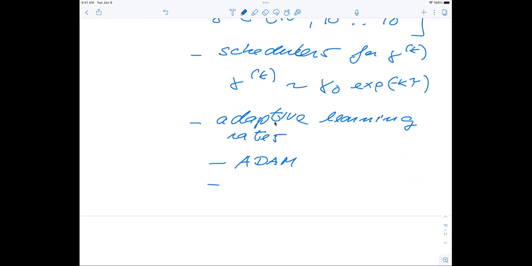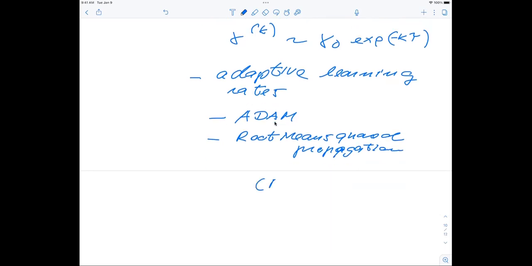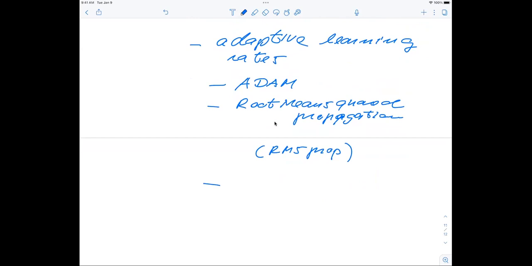Pretty good. There's something which is called root mean square propagation, or RMS prop. And we are going to look at that on Wednesday. This is another popular method. Then there's another one, which is called ADA grad.